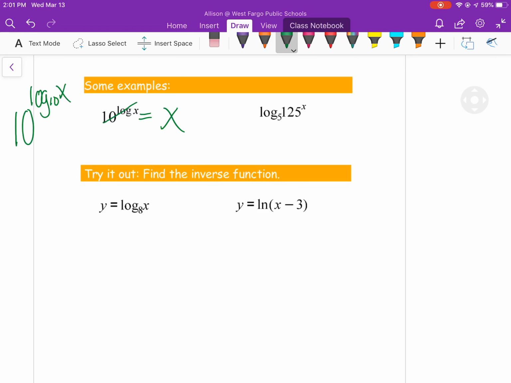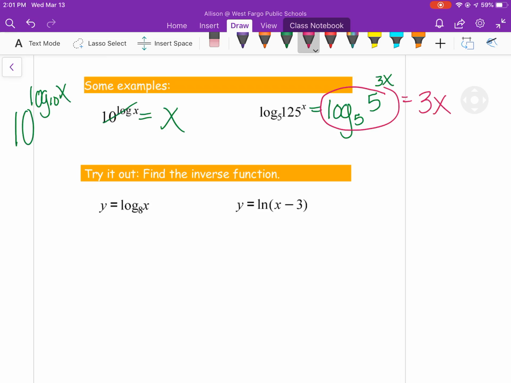Over here, log base 5 of 125 to the x, well, that's the same thing as log base 5 of 5 cubed to the x, or 5 to the 3x. Then you have log base 5 of 5 to the 3x. This really undoes itself. You just get what's left in the exponent. It's 3x. Those kind of cancel each other out.